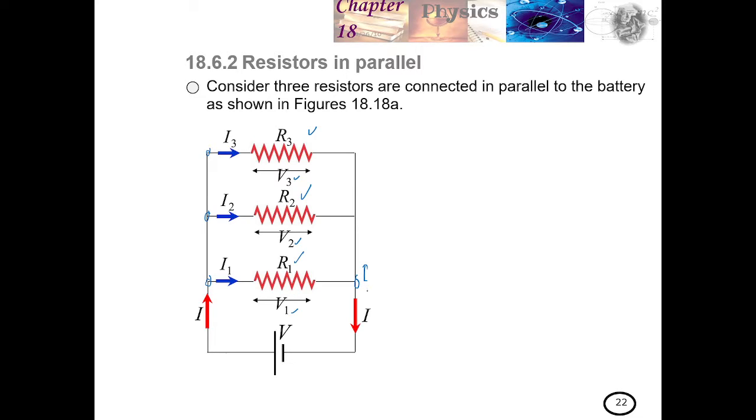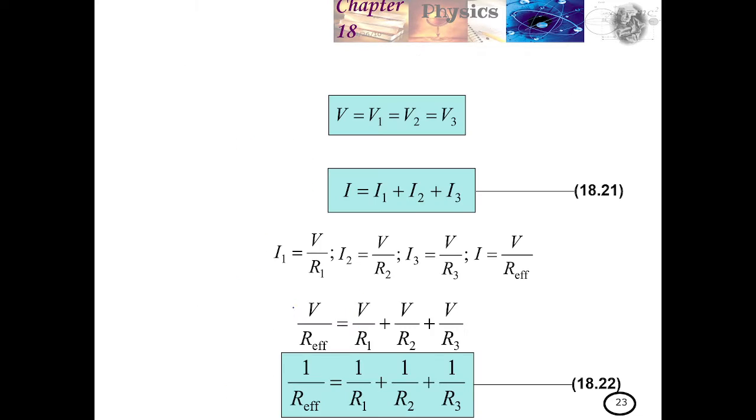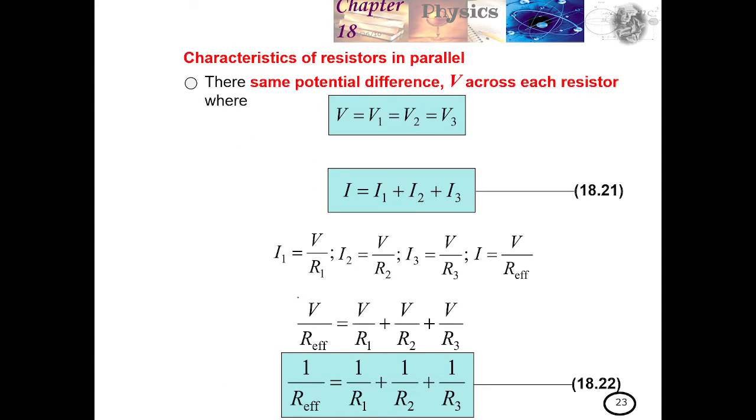So we have R1, R2, R3, and I1, I2, I3, and the same V. So V equals V1 equals V2 equals V3, the same as the V of the EMF.